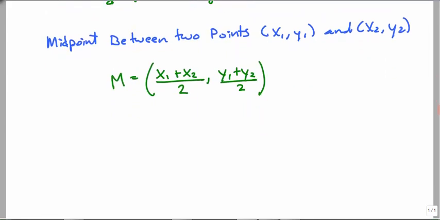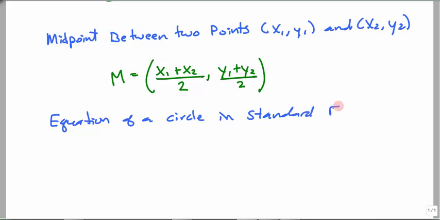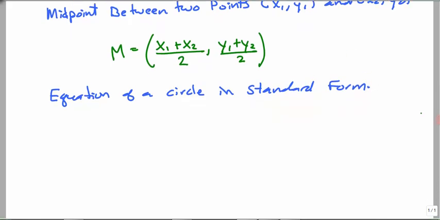The last thing that we're going to be looking at is the standard form of the equation of a circle. Now this is important because in standard form I can immediately tell exactly what the center is of the circle and the radius.